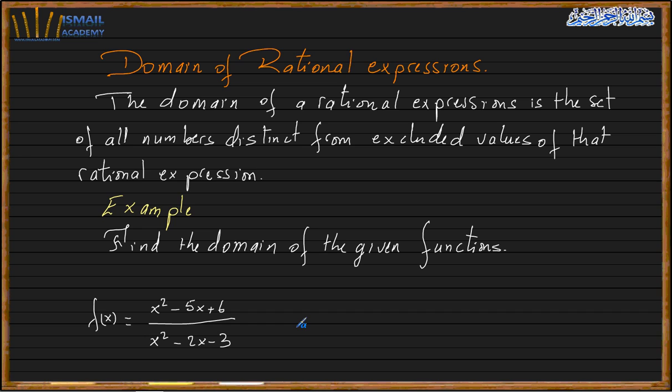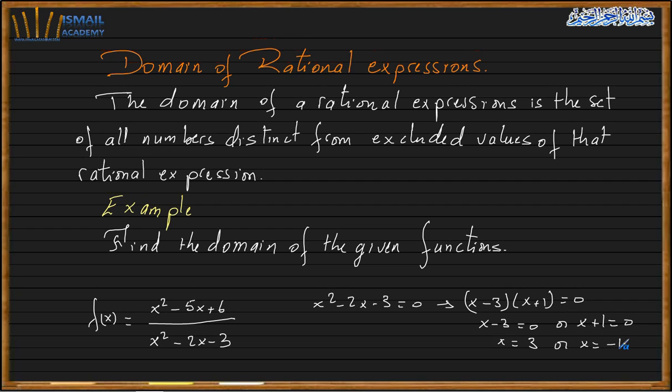So I get x minus 3 times x plus 1 equals 0, so we get x equals 3 or x equals minus 1. So I pick everything except those two, minus 1 and 3. So the domain is minus infinity to minus 1, union minus 1 to 3, union 3 to infinity.